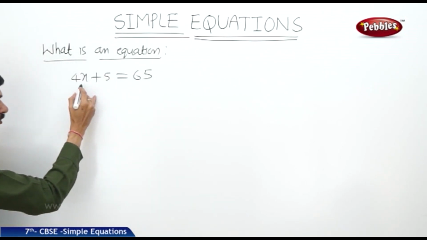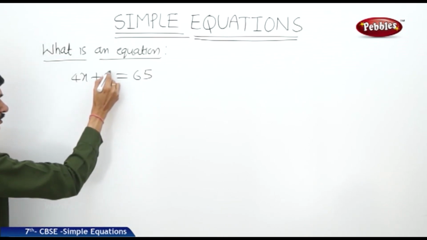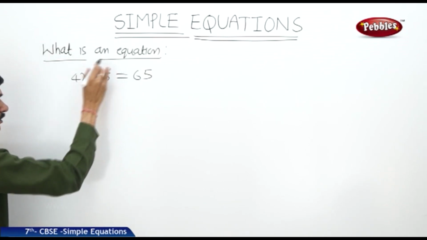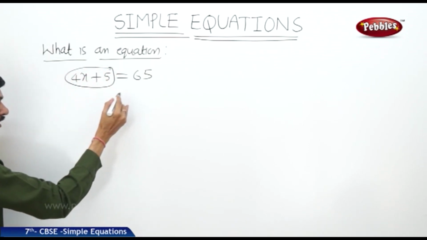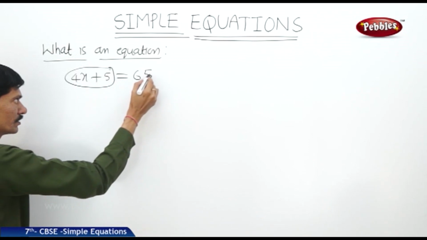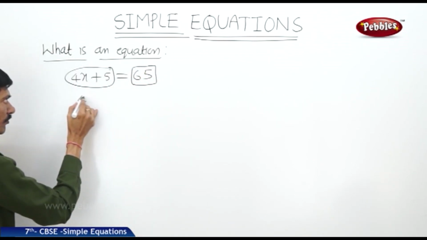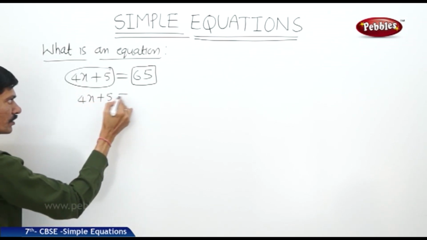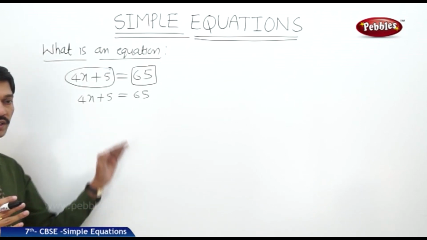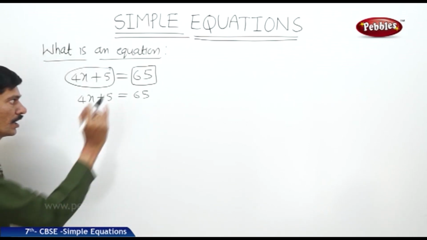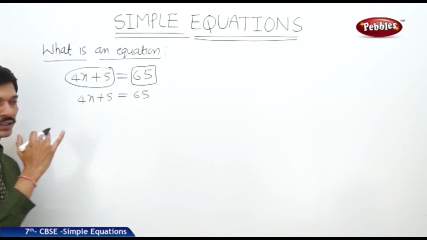In this equation, the expression which is left to the equality sign is 4x plus 5, and the other expression which is right to the equality sign is 65. So this equation tells us that the value of the expression left to the equality sign and the value of the expression right to the equality sign are both equal.